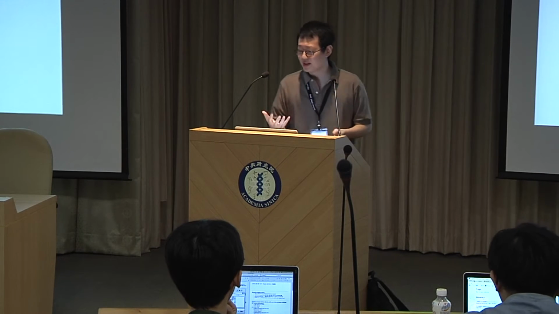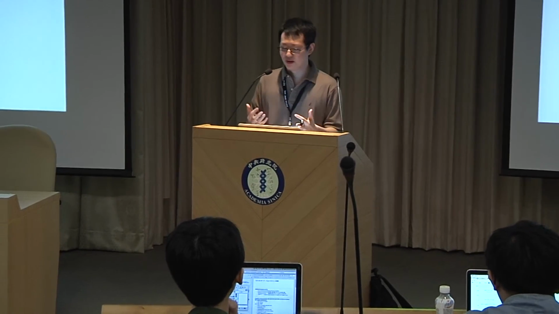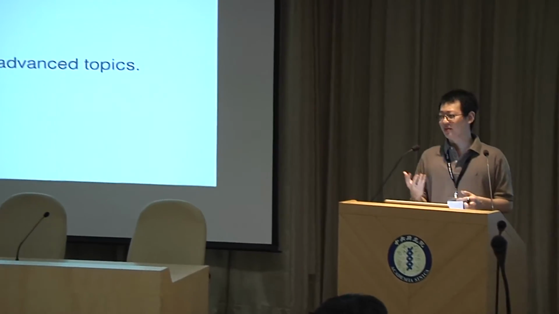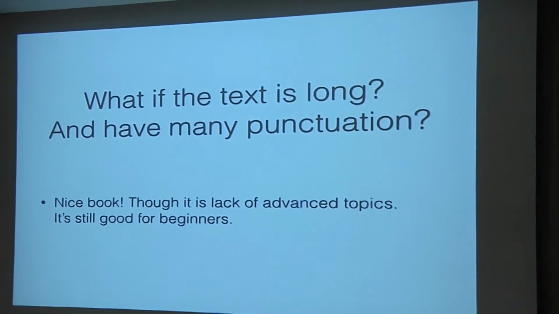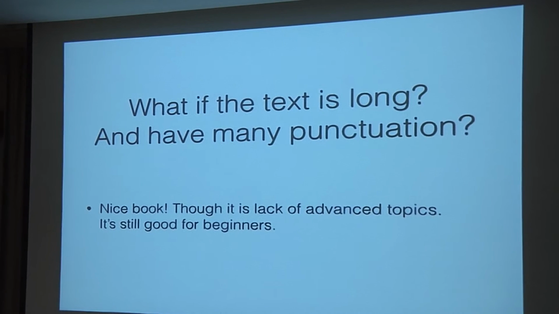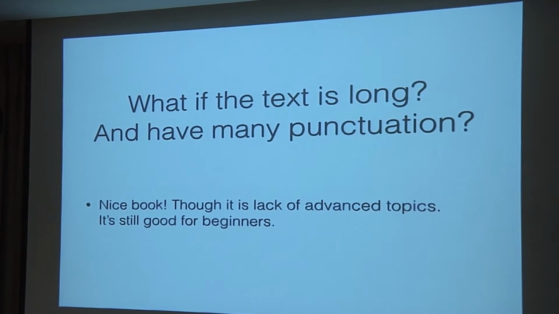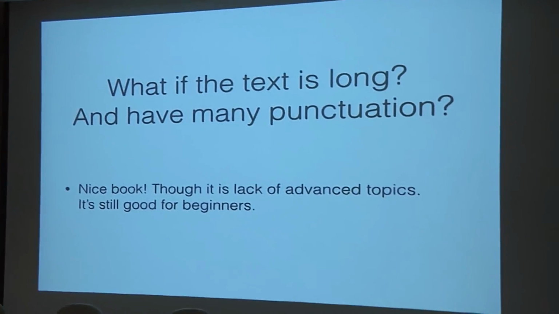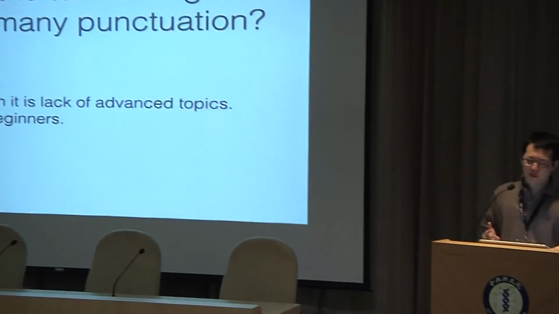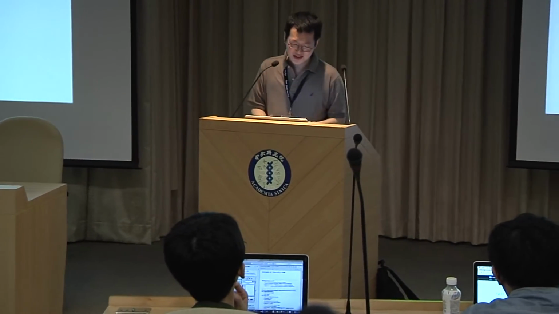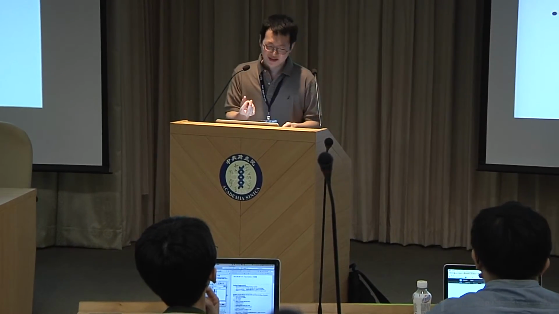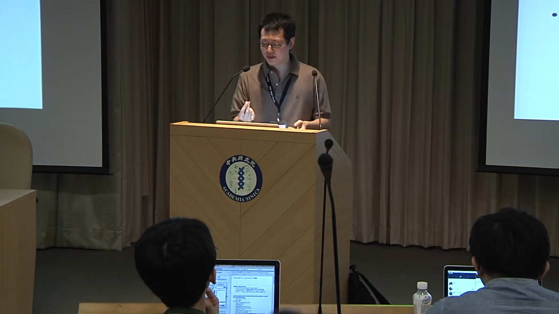But what if the text is very long, or it has a lot of punctuation? For example, nice book, then you have punctuation. Though it lacks advanced topics, period, it's still good for beginners. When you want to split this sentence or text, you have to determine what delimiter to use.